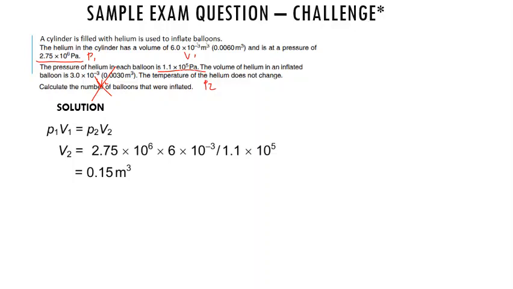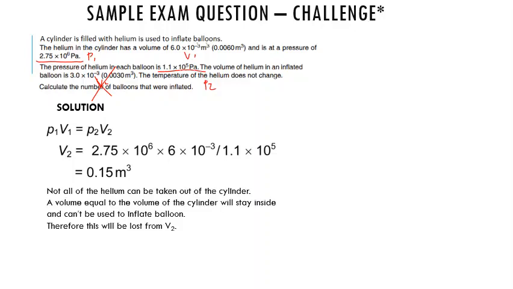That trick is the fact that you can't take out all of the helium from the cylinder, because when you start taking the helium out of it, some of the helium will stay in it and can't go out, which is the last amount of the helium in the cylinder, because in order to take them all out, at some point the pressure in the cylinder will be equal to the pressure outside, and it's not easy to take that helium out of the cylinder unless you have a pump.